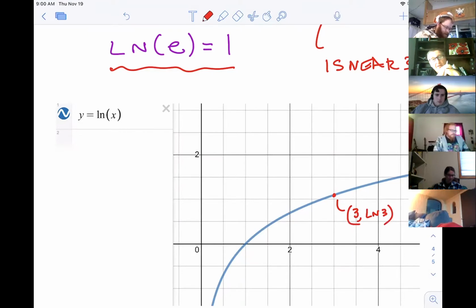Notice thanks to the graph, you could estimate it. I can see it's above 1, and this is 1.5. So can I divide that into 5 marks? No, that's more like quarters.